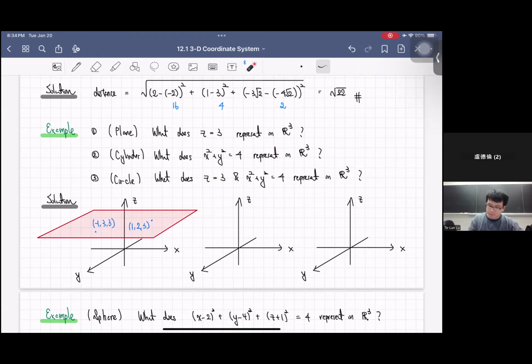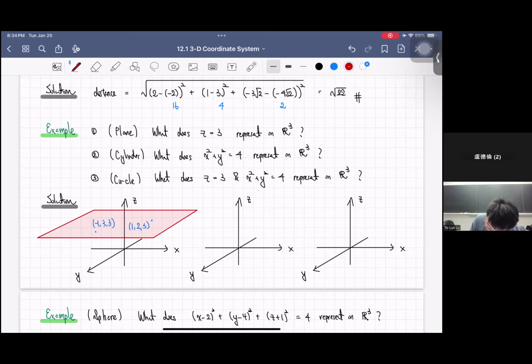For example, (x, y) = (2, 0) satisfies this condition, right? 2 squared plus 0 squared is 4. But since z is arbitrary, (2, 0, 2) is on this surface, and (2, 0, -3) is also on it. So since z is arbitrary, it is a collection of circles making a cylinder.